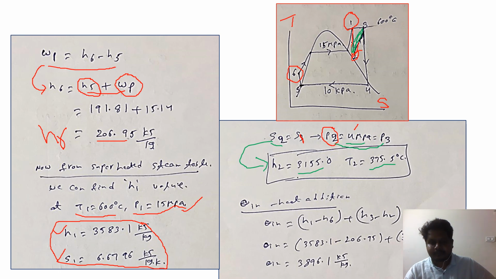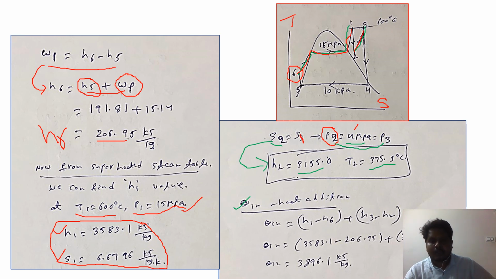Now let us find the heat addition. Here we are adding heat in the process 6 to 1, which is in the boiler, and also we are adding heat in the process 2 to 3, which is the reheater.